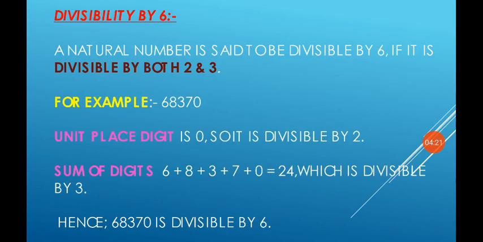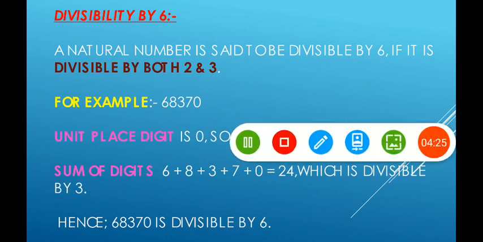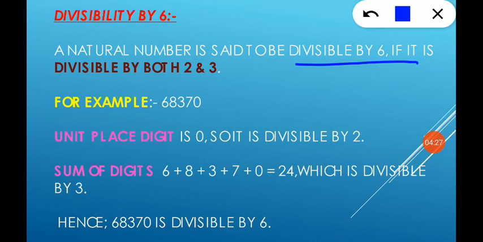Next rule is divisibility by 6. A natural number is said to be divisible by 6 if it is divisible by both 2 and 3. For example, suppose the number is 68,370.